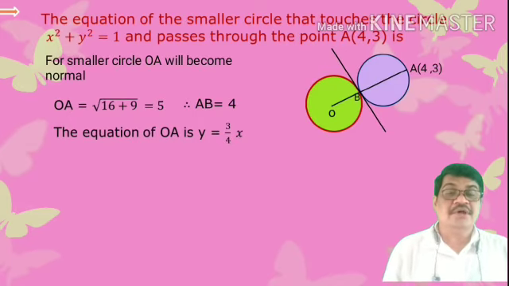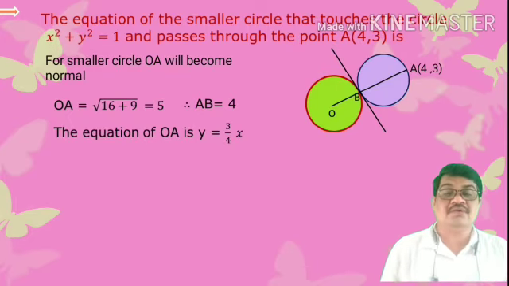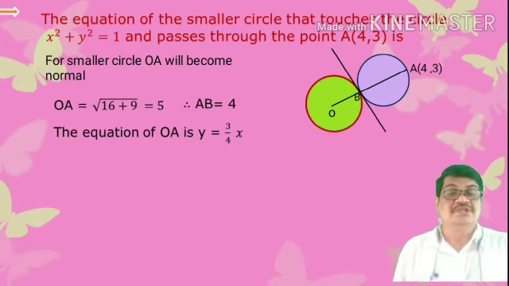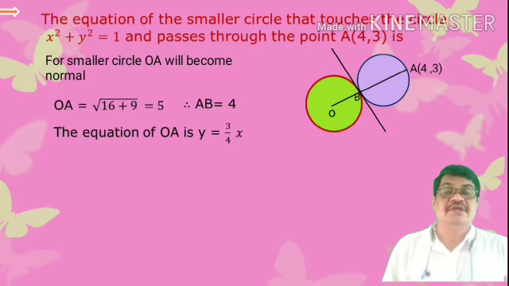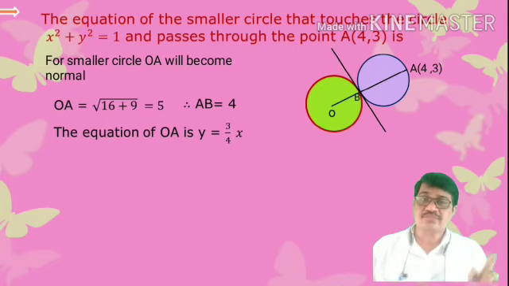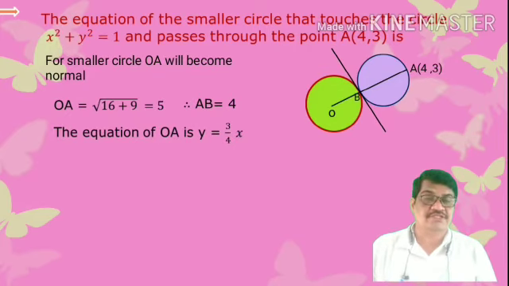Then what is the AB distance? We are subtracting 1 from that OA. We are getting the AB distance. So the given circle radius is 1. Now we are separating that radius from OA. We are getting the AB distance. Here AB distance is 4 units.